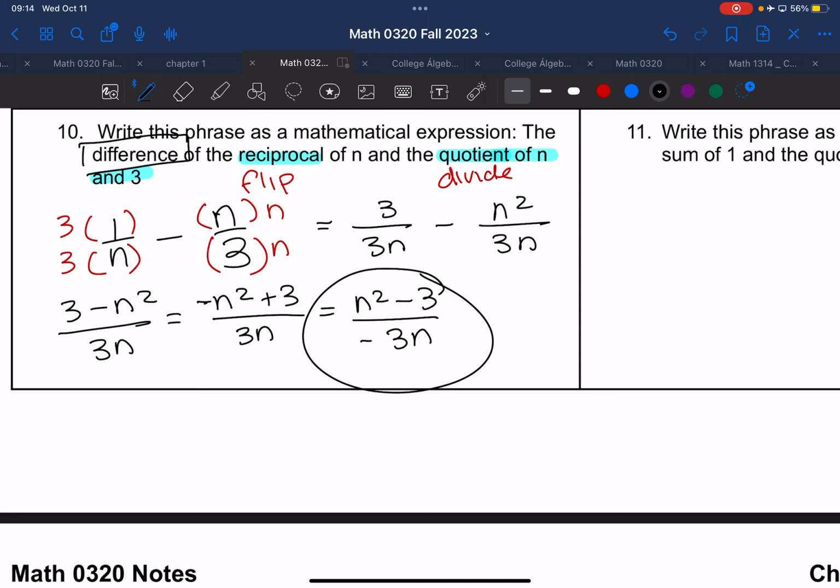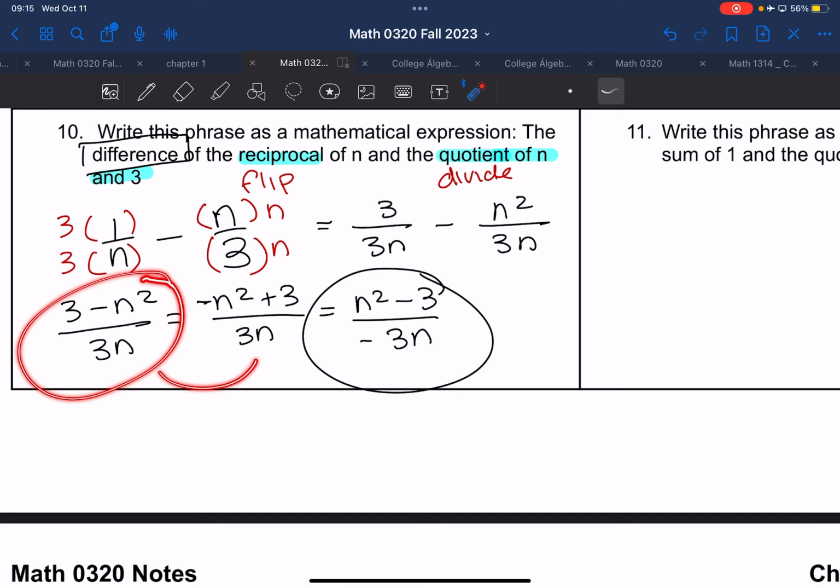Now on something like this, is it going to matter if we have the negative in the denominator as opposed to just in front of the whole fraction? No, that's the same thing. So on an exam, if you stopped here, this is still correct, and I would give you the full points.